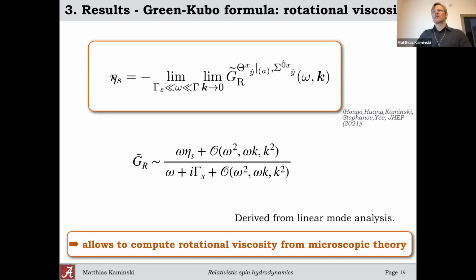So do you have to take an imaginary part here in the retarded? Yeah, that's a good point. It turns out that one doesn't have to do that, because the correlator just works out such that the cancellation looks pretty much like this.